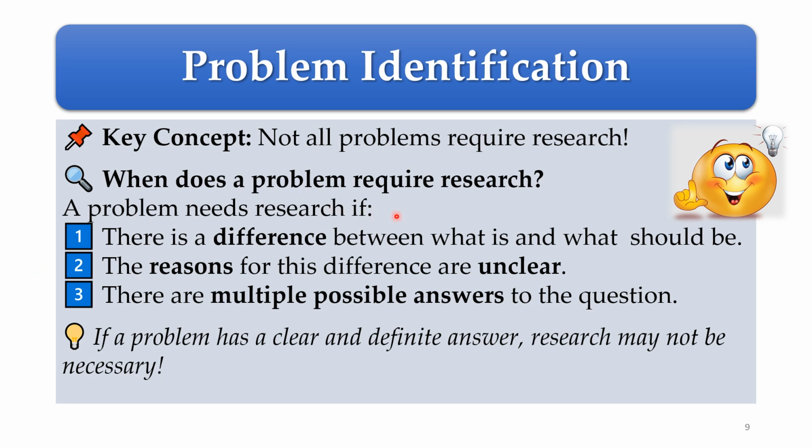A problem needs research if there is a difference between what is and what should be, or if the reasons for this difference are unclear, or if there are multiple possible answers to the question. So if a problem has a clear and definite answer, research may not be necessary.